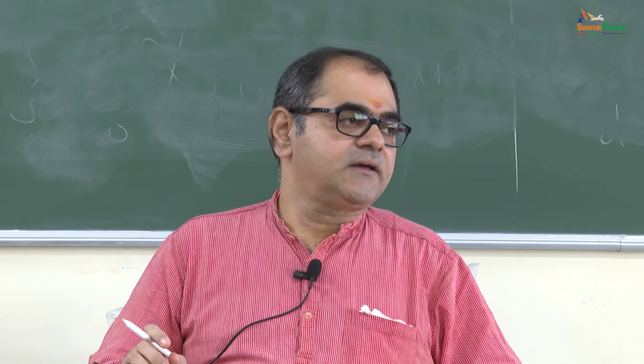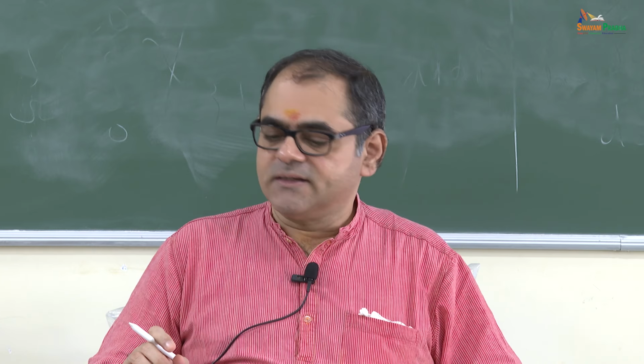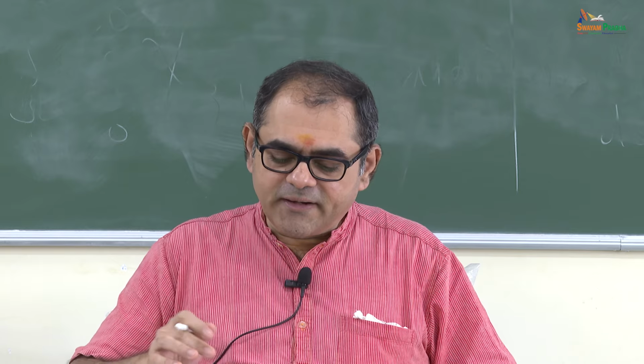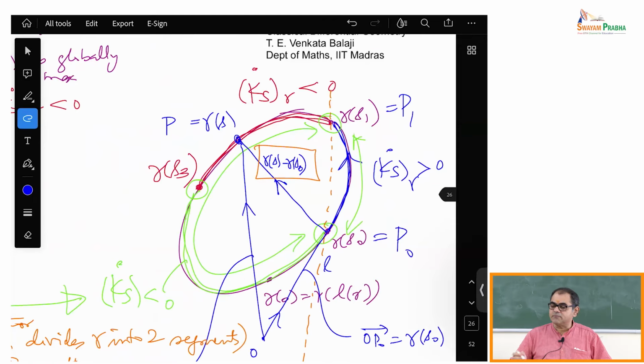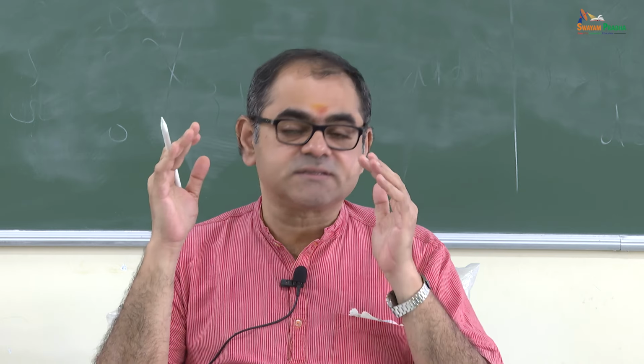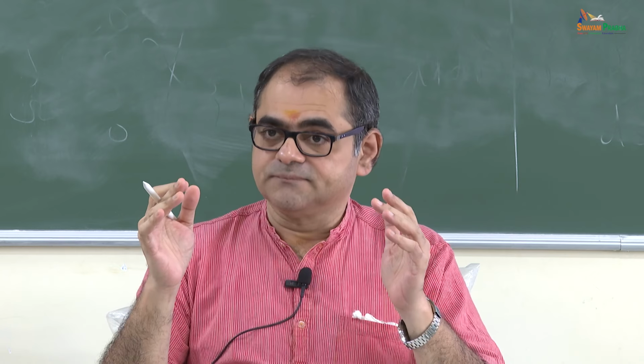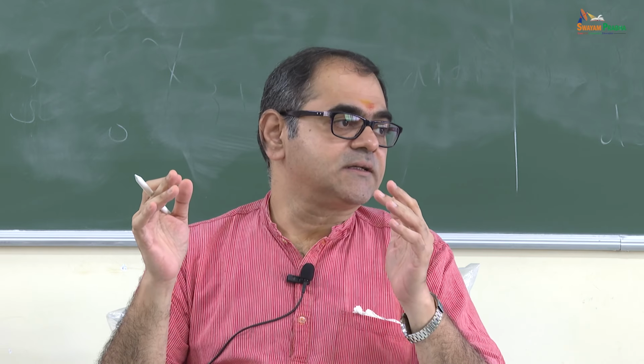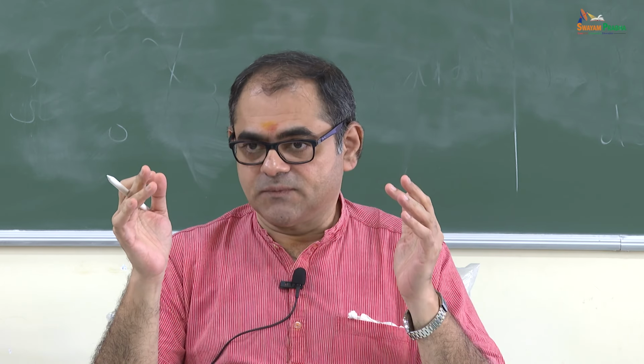And then what we have proved is that in any case, the curve can be divided into two segments, so that the sign of the derivative of the sine curvature is opposite on these two segments, okay.